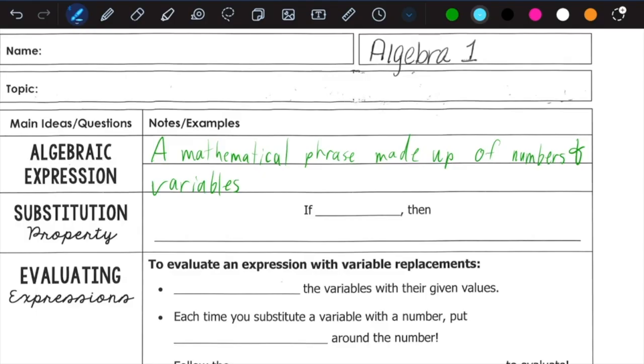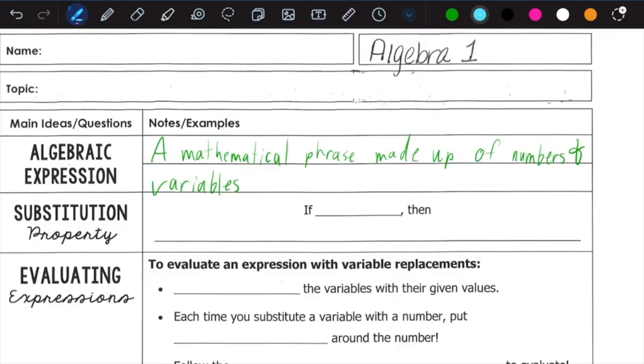So sometimes algebraic expressions can just be numbers, sometimes they can just be variables, sometimes they're a combination of numbers and variables doing different operations such as addition or multiplying. And so there's just all sorts of different things that can be algebraic expressions, but they never have equal signs because then they'd be equations.